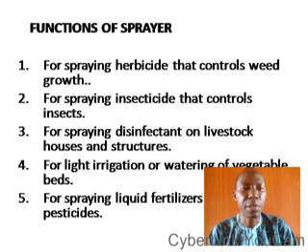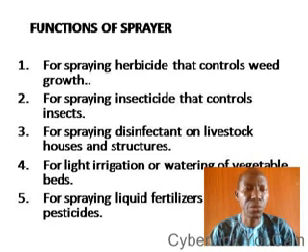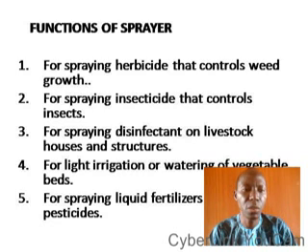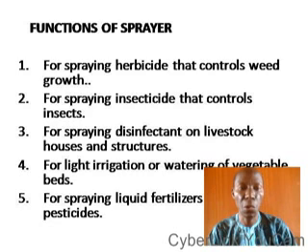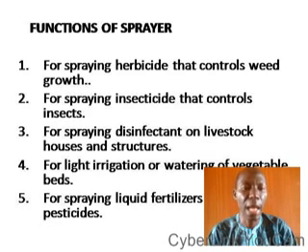Functions of a sprayer. 1. Sprayer is used for spraying herbicide that controls weed growth. 2. For spraying insecticide that controls insects. For example, it can be used to control the invasion of locusts and some other insects. 3.